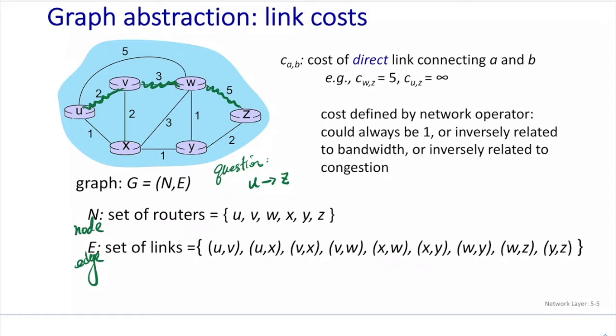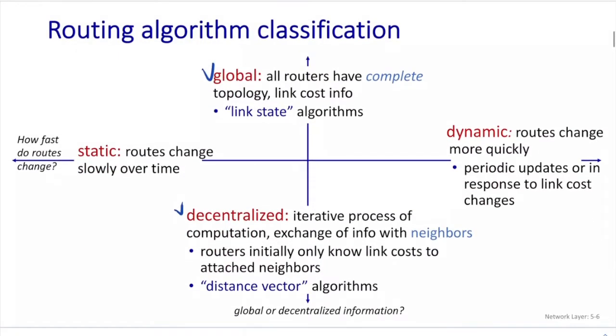But if this topology is very stable, that means once we compute the good path from U to Z, often it does not change, right? So it depends on how fast your routers, your links, your costs change over time.